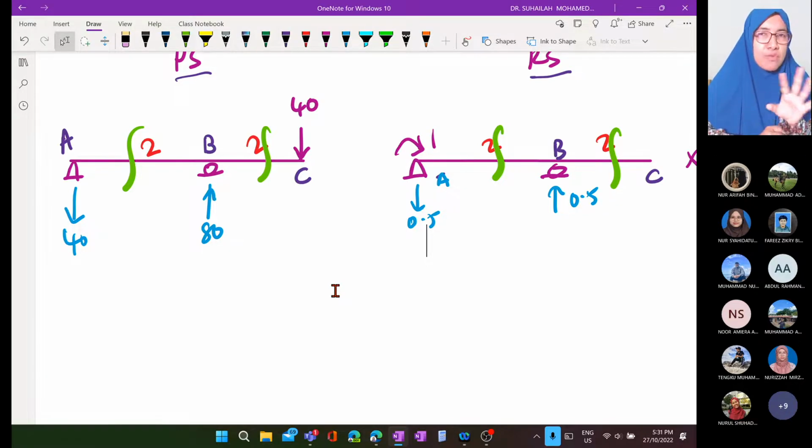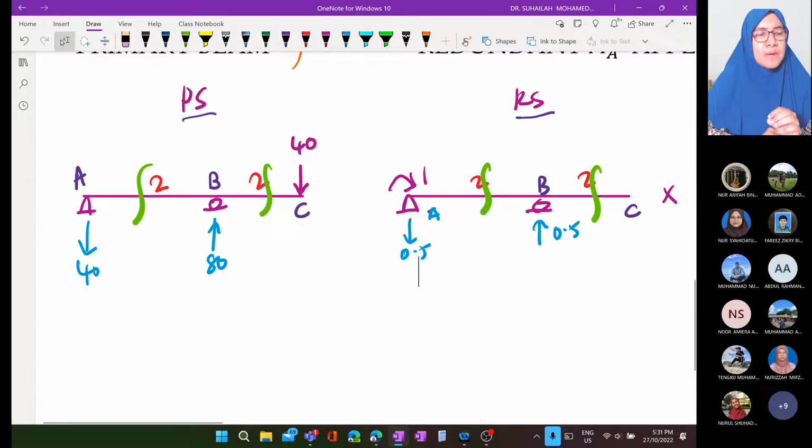And we have to do 2 times because we have two systems, primary system and redundant system. For both system, it has the same type of beam, same type of support, same section, same origin, same limit. The difference is only due to loading, because primary structure is a determinate structure subjected to external loading, just like real system.